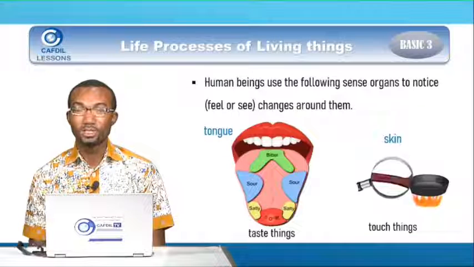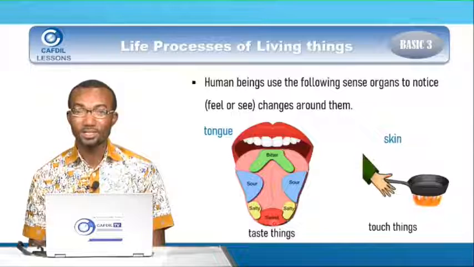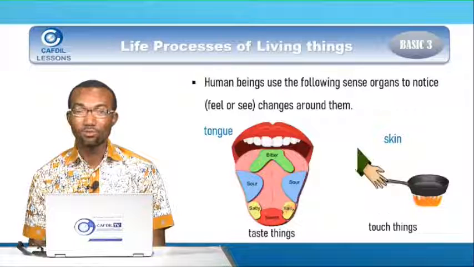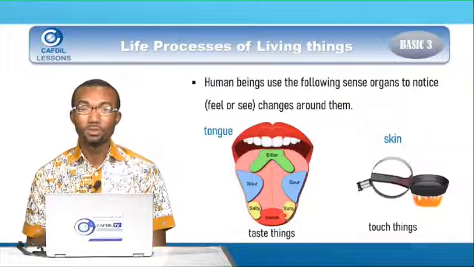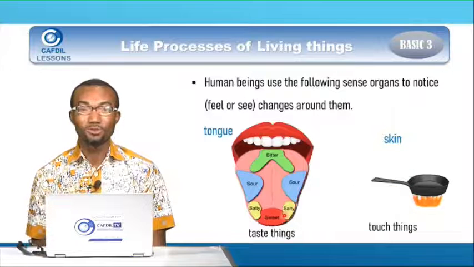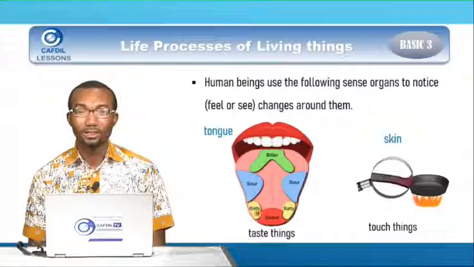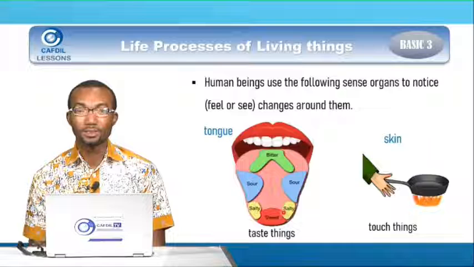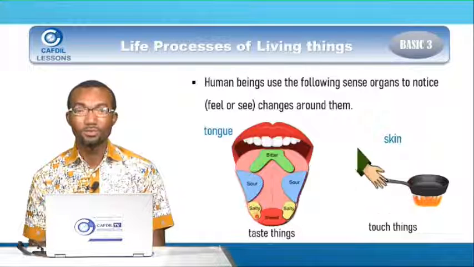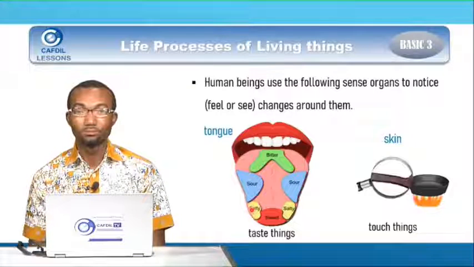So if you put anything in your mouth and that thing is sweet, this part of your tongue will sense it. If it is too salty, if I cook for you and the food is too salty, this part of the tongue, the yellow part, will feel that this food is salty.